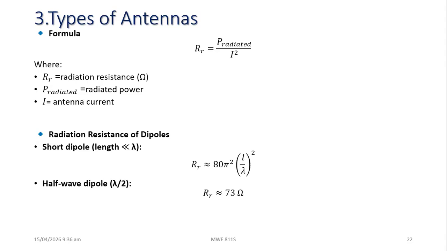So again, you need to know the value of your wavelength. But for a half-wave dipole, where the length is the wavelength divided by 2, in most cases it's actually 73 ohm as the value of radiation resistance. It approximates that.